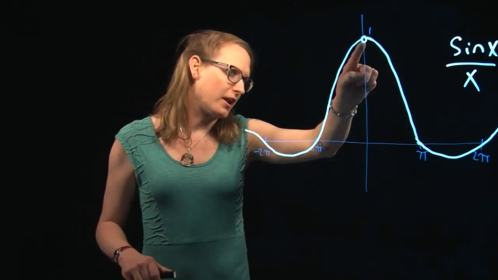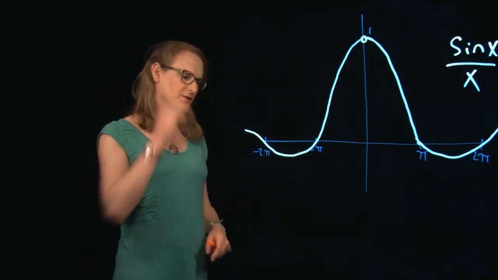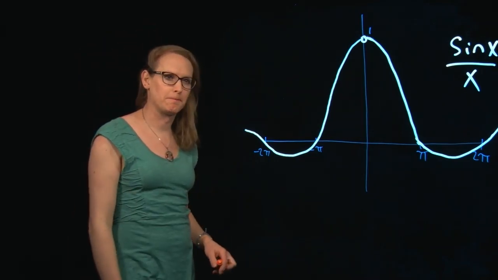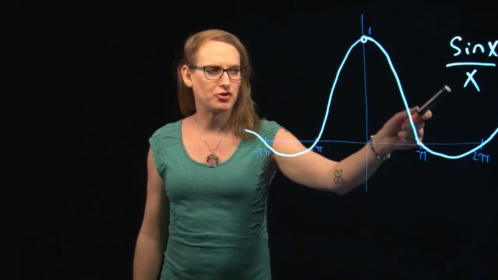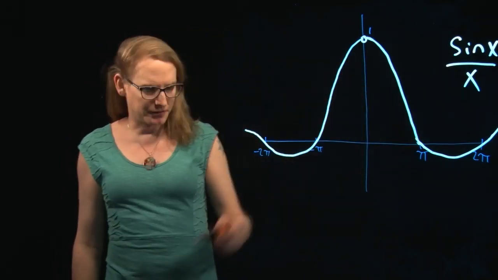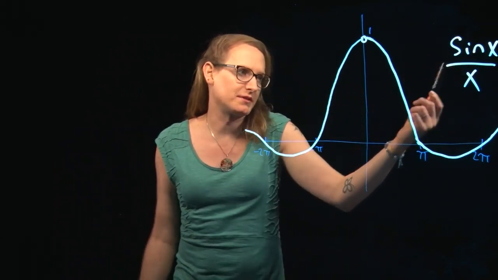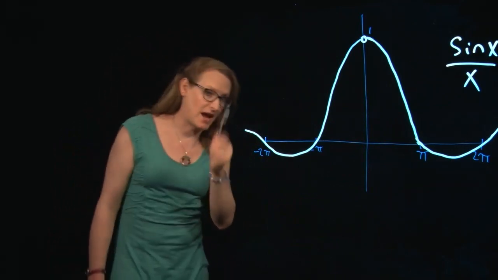Note that I've got an empty circle there at the top. Why do I have an empty circle there? I have an empty circle up there because I can't evaluate my function at 0. It's ill-defined. Sine of 0 is 0, x evaluated at 0 is 0, so the function is 0 over 0 at that point.